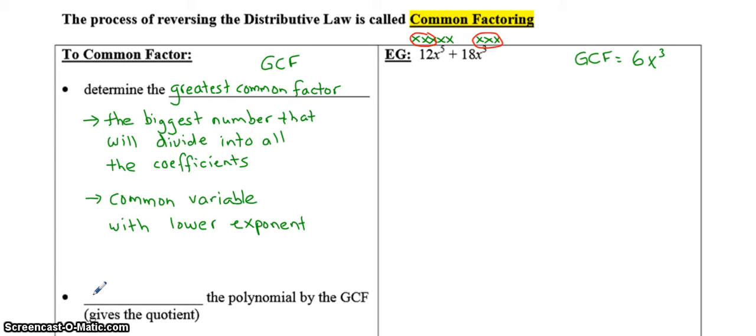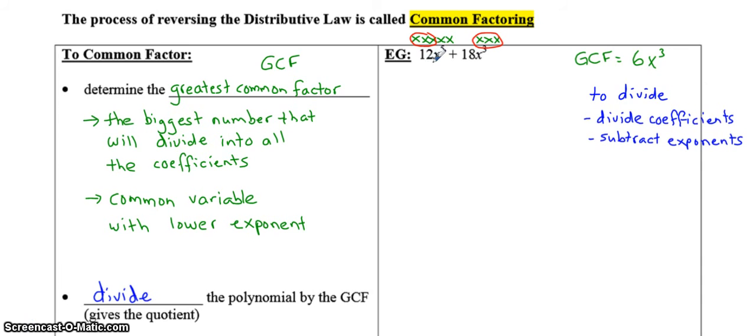The next thing you're going to do is to divide the polynomial by the greatest common factor, and that gives you the quotient. So to divide, what you want to remember is that you divide coefficients and subtract exponents. So 12x to the 5 divided by 6x cubed. 12 divided by 6 is 2.